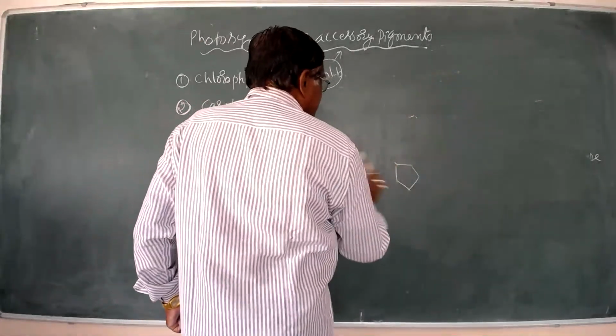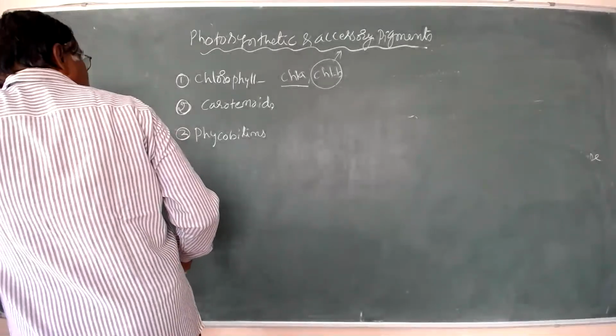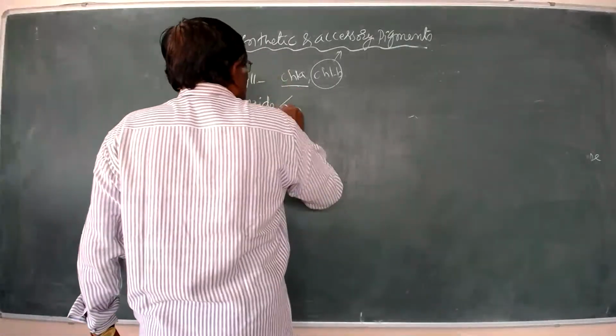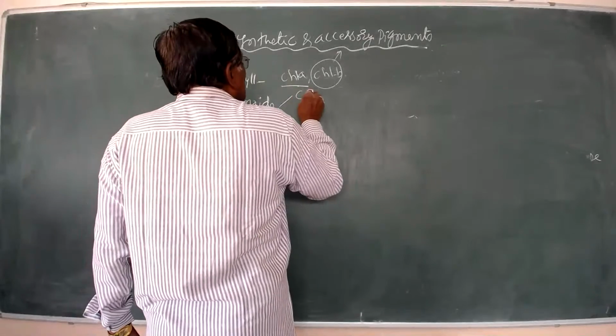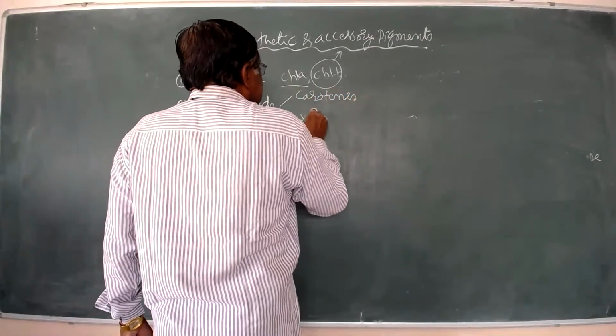Now coming to the carotenoids. In the carotenoids, there are 2 types. One is carotenes. The other one is xanthophylls.